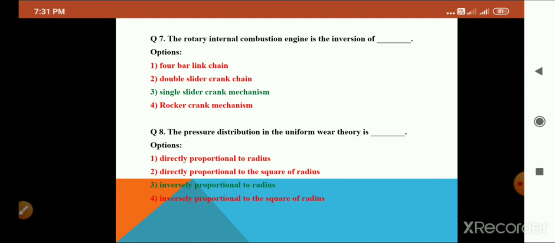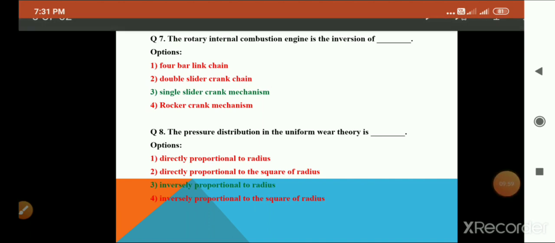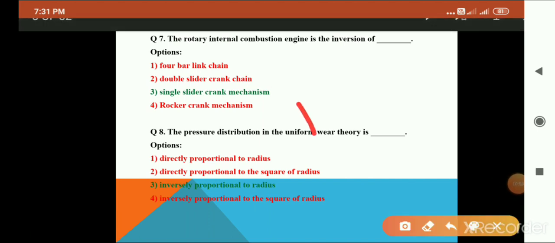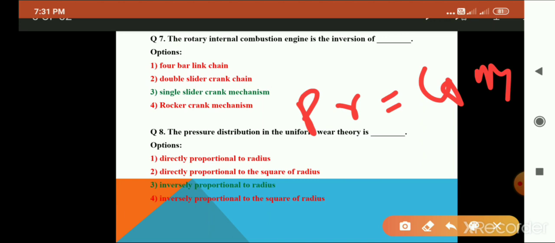Let's come to the next question. The pressure distribution in the uniform wear theory is. So in the uniform wear theory we know PR is equal to constant.